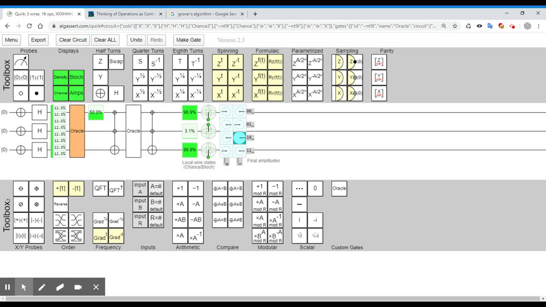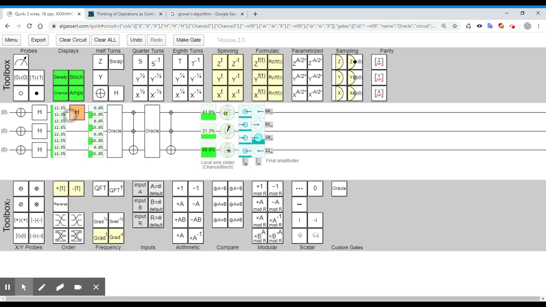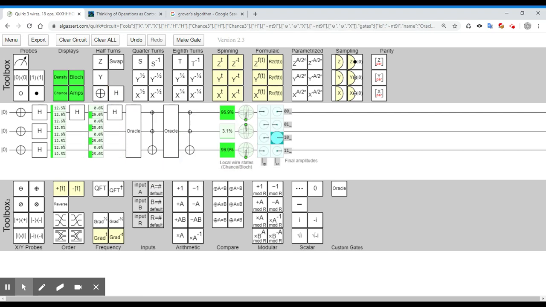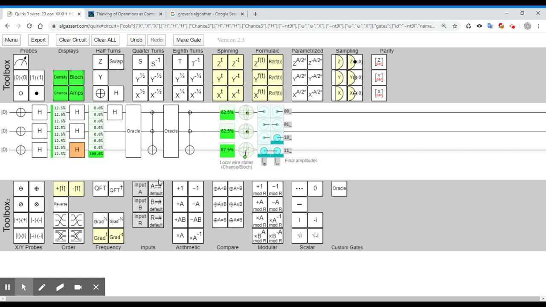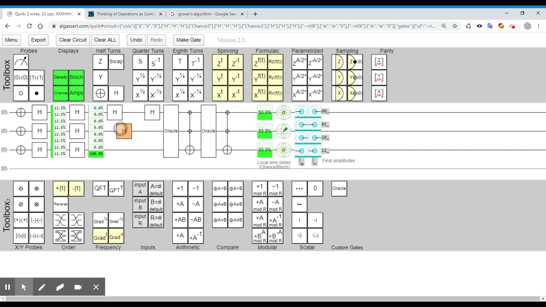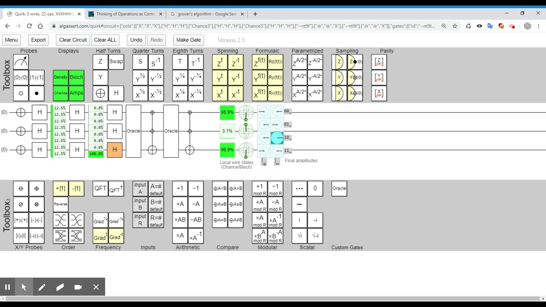If I put another display in here, but now surrounded by Hadamards, the first layer of Hadamards is rotating the whole system so I can take a look at the X observable, and the second is to undo the computation so I can go ahead with my circuit. So you have to think of this as being one block, and as you can see, it's all 1 1 1.